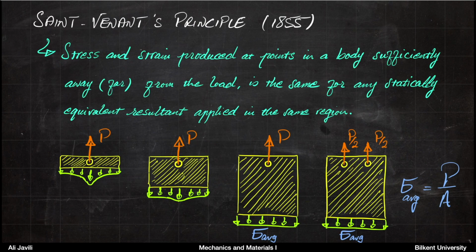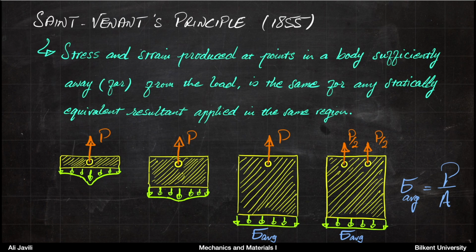So Saint-Venant's Principle states that stress and strain produced at points in a body sufficiently far from the load is the same for any statically equivalent resultant applied in the same region.